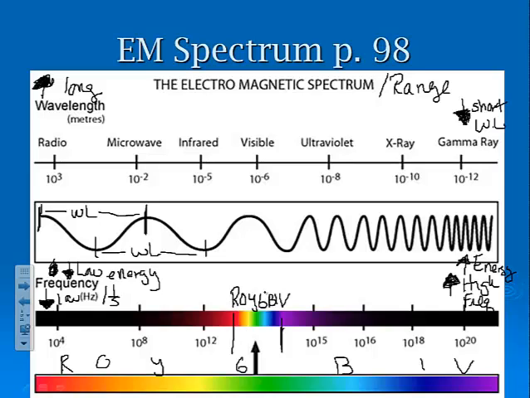Red has the longest wavelength, violet has the shortest wavelength, and the visible portion of the electromagnetic spectrum is very small. We can't see radio waves, we can't see X-rays and gamma rays. The visible portion is this very, very, very small portion. And again, it goes from ROY G. BIV. So red has the longest wavelength, violet has the shortest.